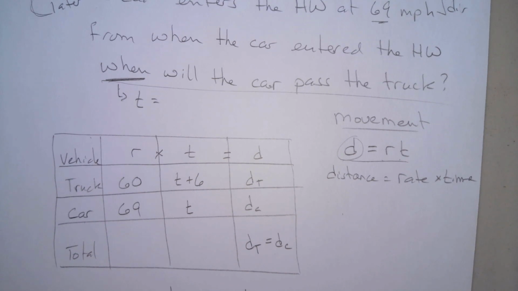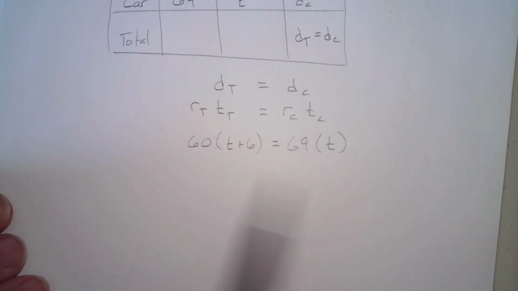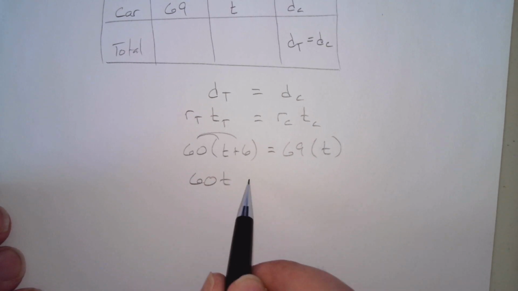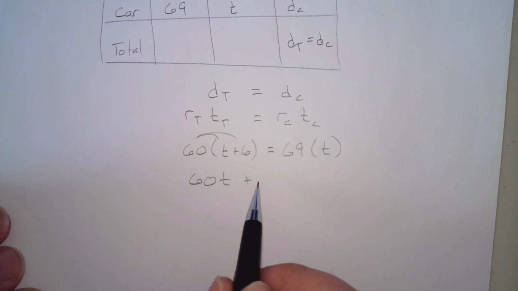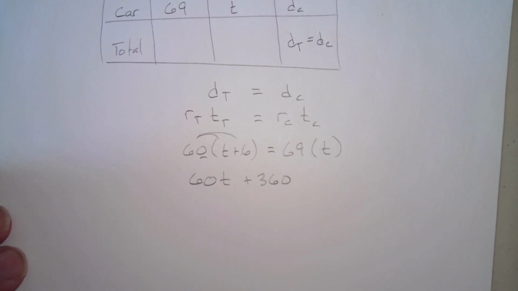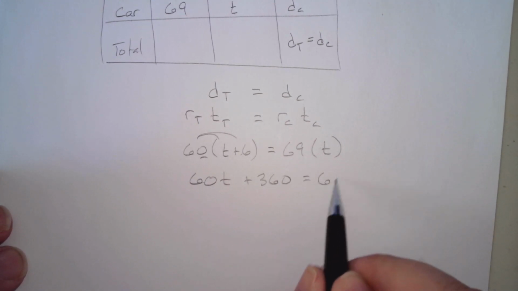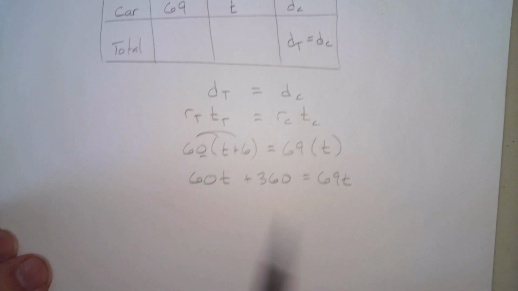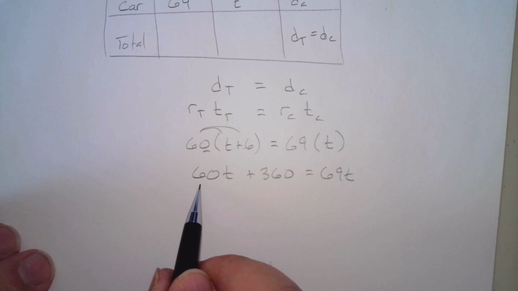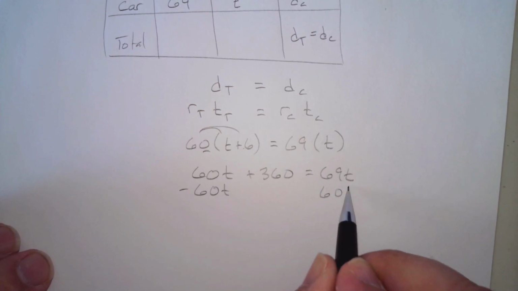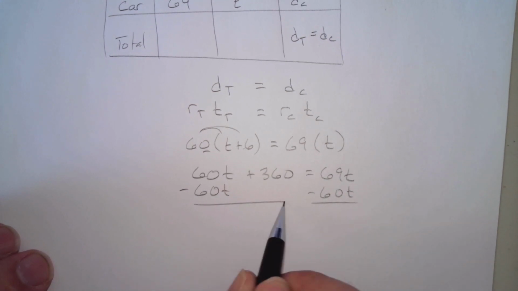We're solving for t. Get rid of the parentheses, so we have 60t plus 6 times 6 is 36 with a 0 behind it, equals 69t. Get the t's over to one side, the smaller to the larger, so I subtract 60t from both sides.